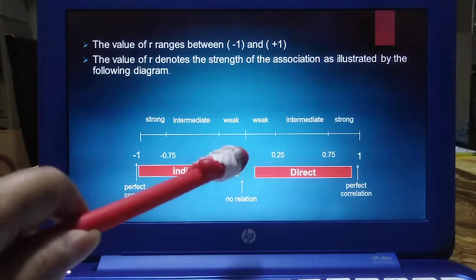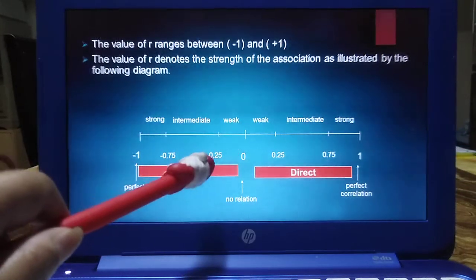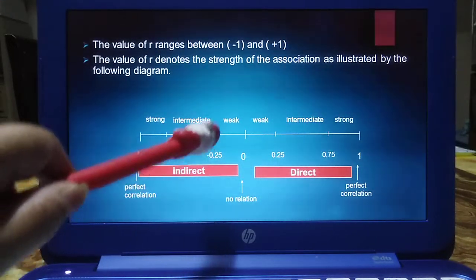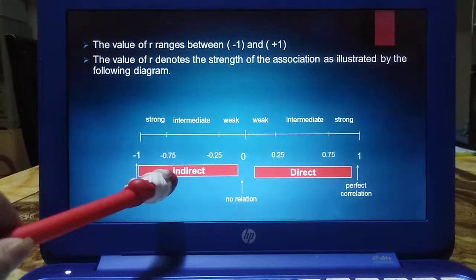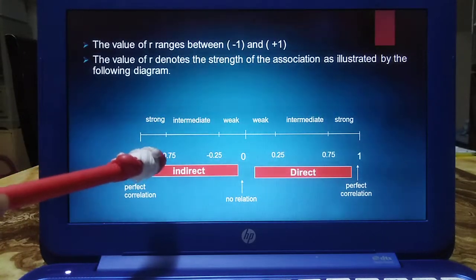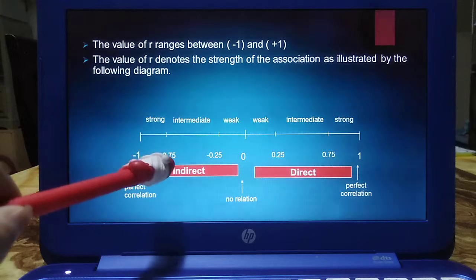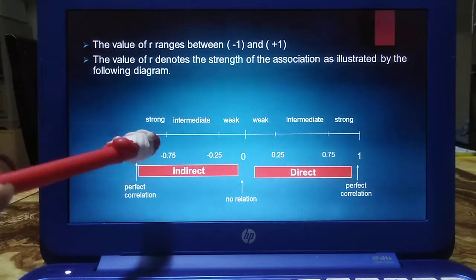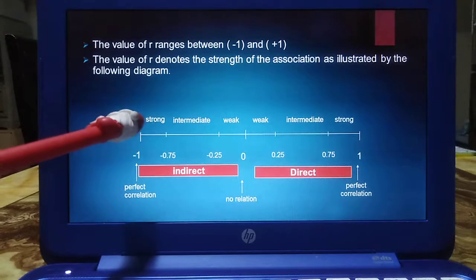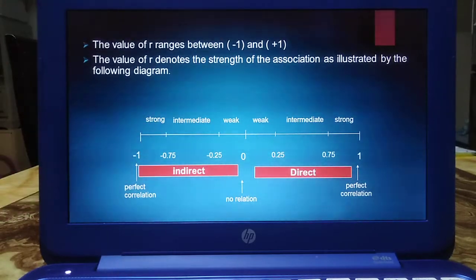Looking at the other side of the number line, from 0 to negative 0.25, we have a weak indirect relationship. If we have negative 0.75, more than that would be a strong indirect relationship.